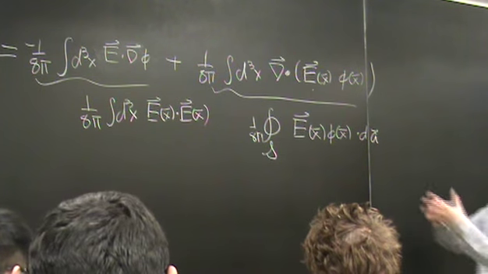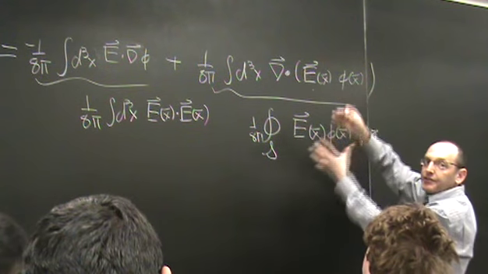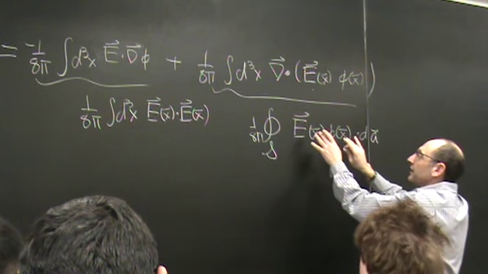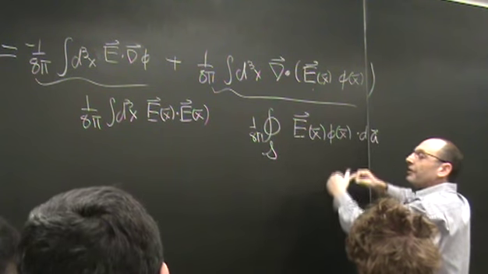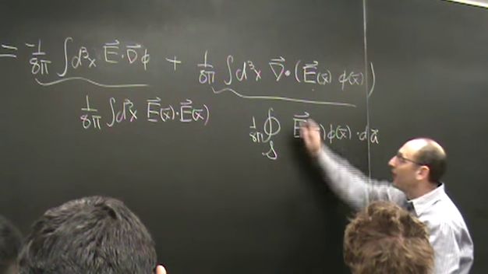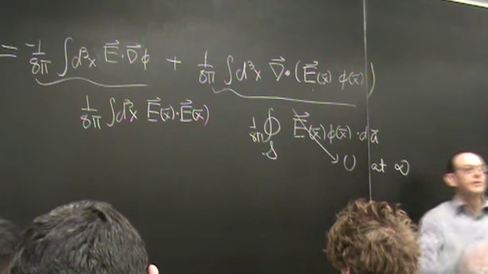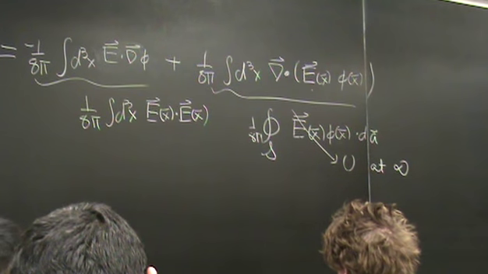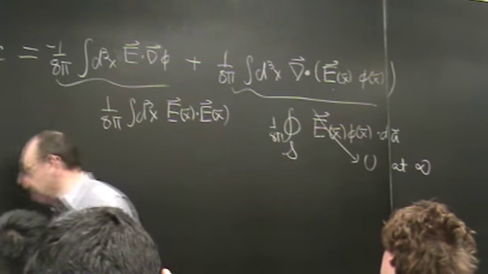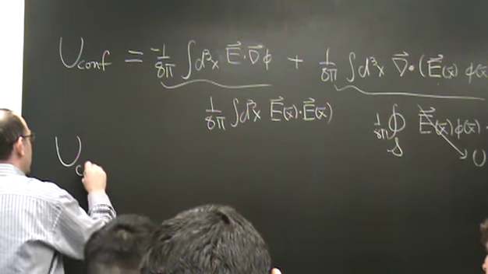So here we assume that we're integrating over all space. The surface terms are such that the combination of E and phi falls off faster than the surface area grows, so that at infinity, this is 0. So the surface term vanishes. And we get a beautiful expression that everyone knows and loves. Maybe not with an 8 pi, but you'll learn to love your 8 pi and eat it too.